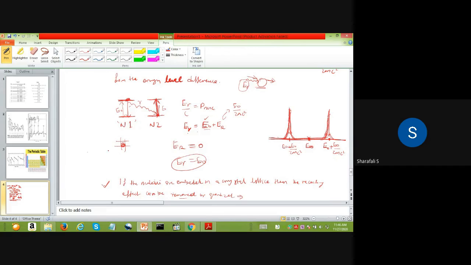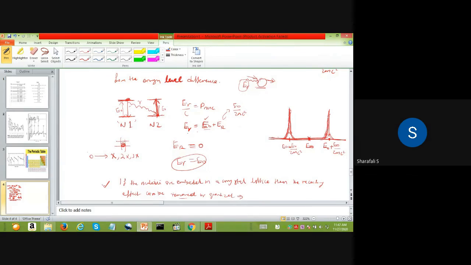For example, if you have some X energy coming, then only it can take that energy. Next time it will become 2X, then only it will take that energy. Otherwise, if it is 3X, it will take that energy. So it will not take any values in between. Only X, 2X, 3X, those energies it will take.